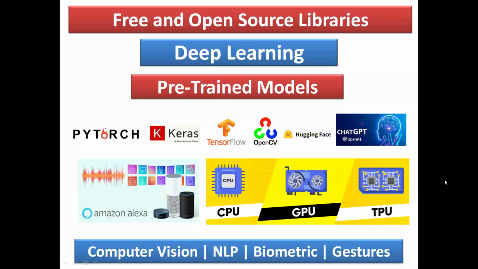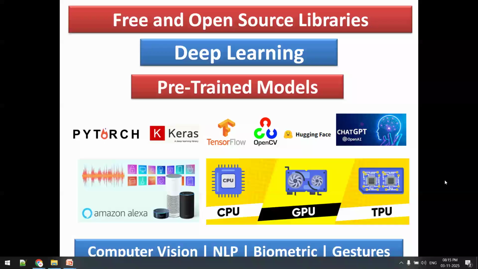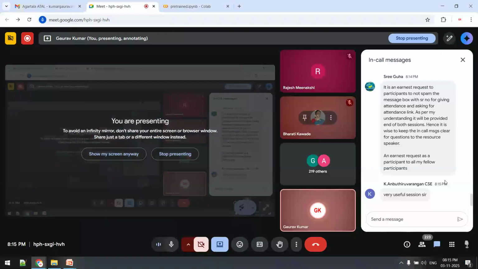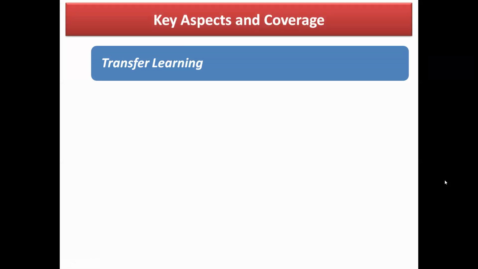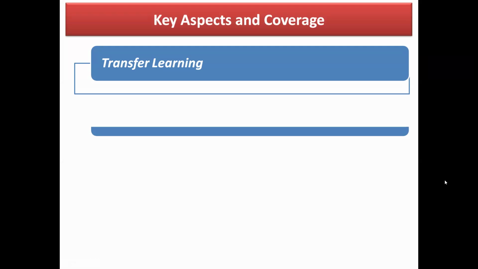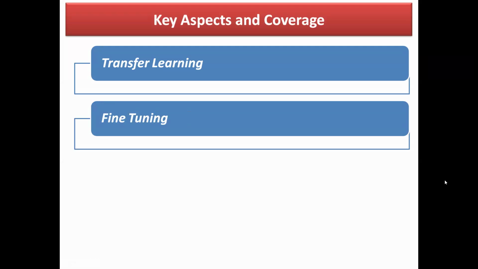And in addition to that, nowadays we are in the era of generative AI. In this session, we will discuss that part also, how to integrate large language models, retrieval augmented generation with pre-trained implementations.